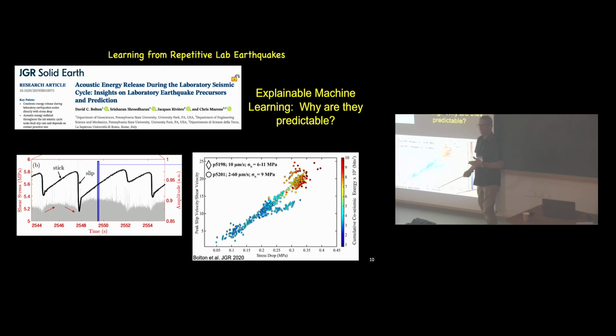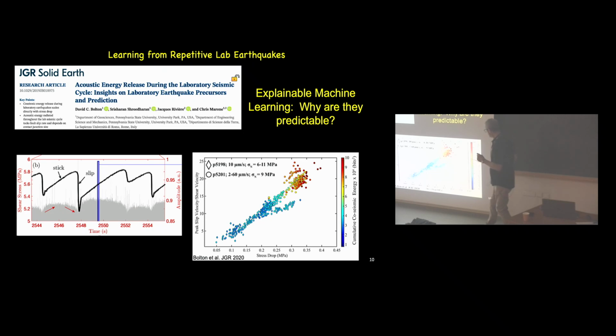There are a few things about this that are easily understood after you've looked at this for a while. If you're looking at it for the first time, well, I don't know, maybe you do easily understand it. I'm not sure that I would, but I can tell you that this relationship between peak slip velocity and stress drop is exactly what you would expect from an unstable system. The bigger the stress drop is, the more energetic the event is, and the faster it slides.